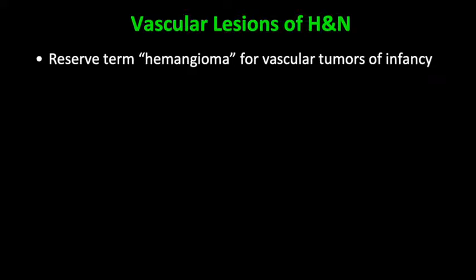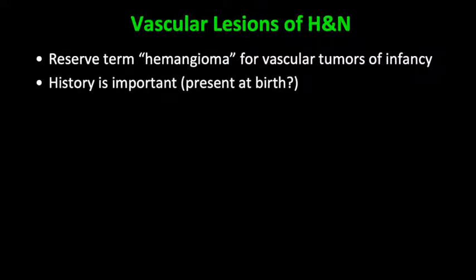We mentioned that it's really important to use the right words, and specifically to reserve the term hemangioma for the specific pathologic diagnosis of the common benign vascular tumor of infancy. We talked about how history is important: hemangiomas are not present at birth, whereas vascular malformations, which represent malformed venous channels, are present at birth and will grow somatically with the growth of the child, as opposed to the triphasic growth pattern that we saw in hemangiomas.